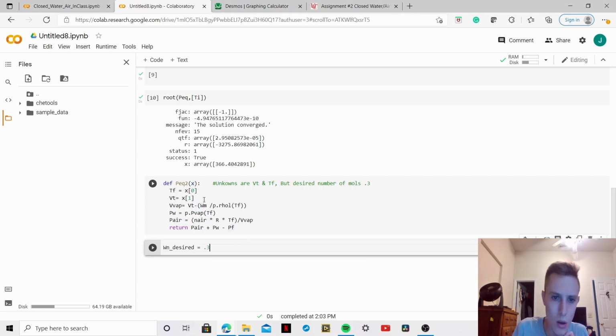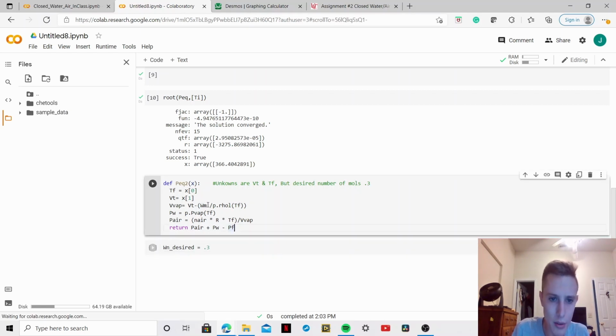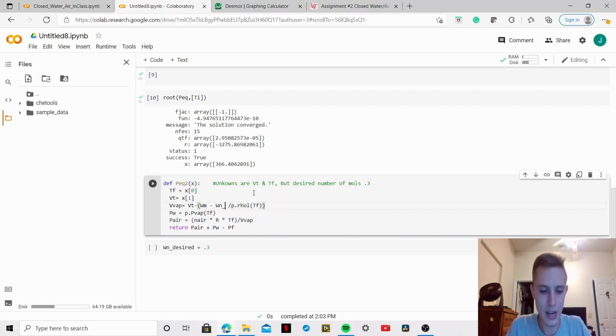Okay? So we can take and subtract from the molar mass the desired number of moles, Wn_desired.